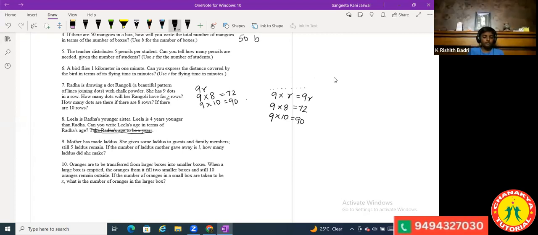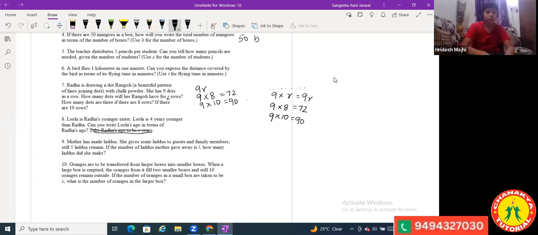Teacher, in this sum, I have written it. In the question, Leela is Radha's younger sister. So here we can understand that Radha is elder than Leela. Point number 1, till the full stop you understand. Then they are telling Leela is 4 years younger than Radha.